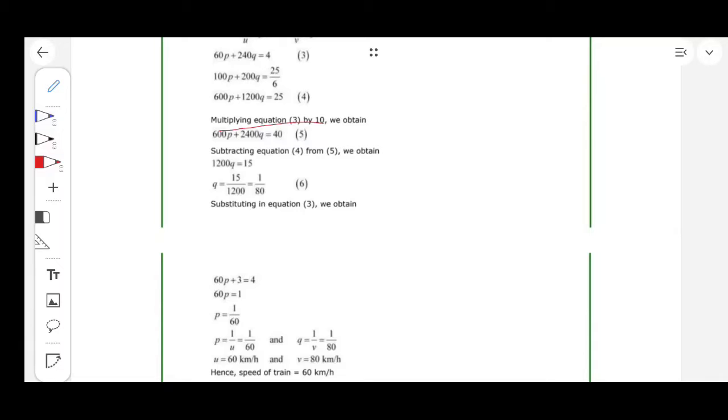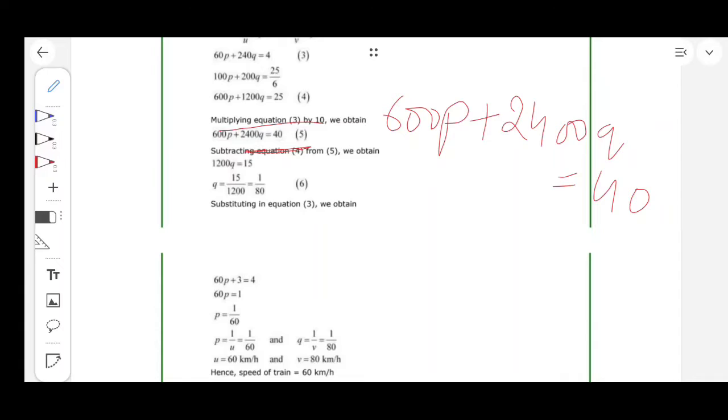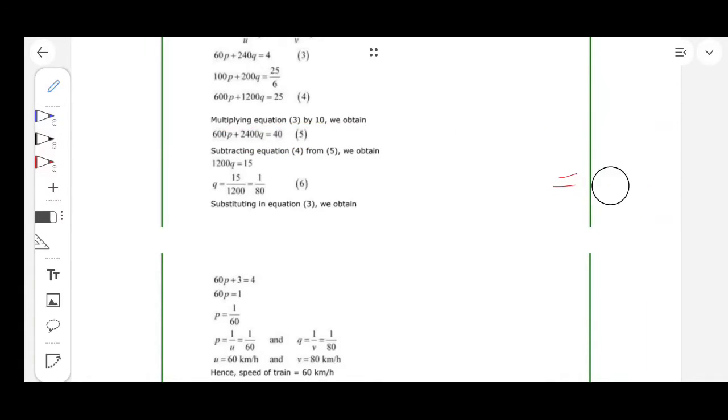So this equation would be converted like this: 600p plus 2400q equals 40. This one is denoted by equation number 5. Now we have equation 4 and equation 5.